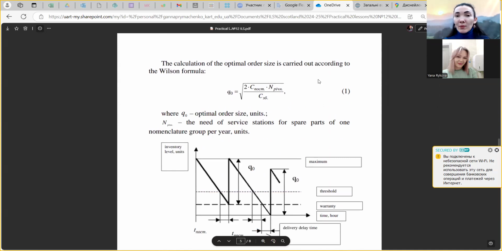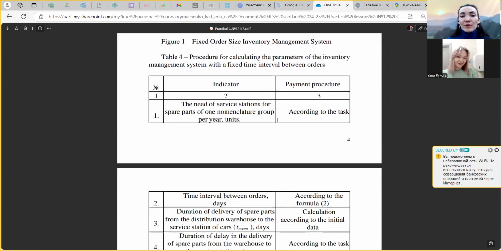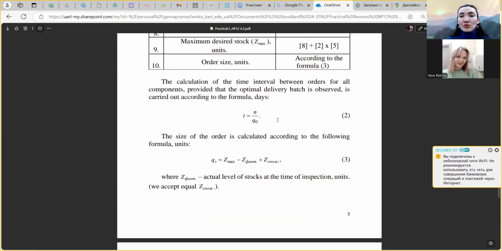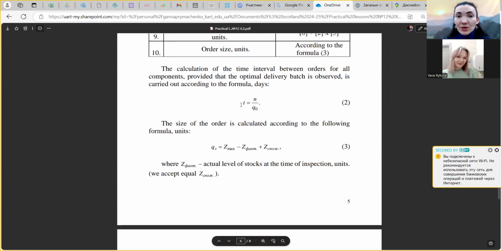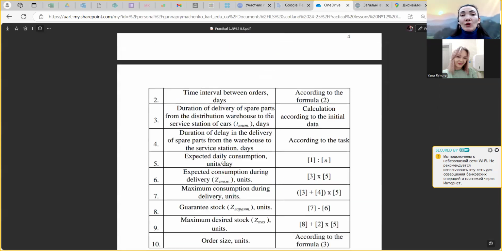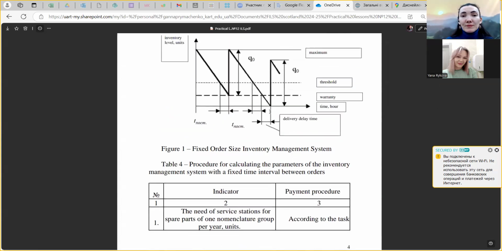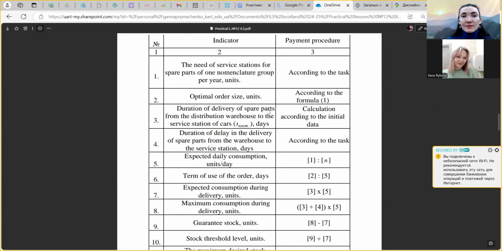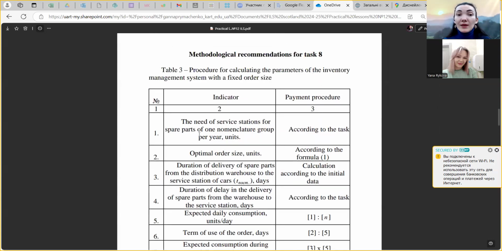We do formula number 1 on previous practical lessons and started to do formula number 2. Maybe we need to find the time. Oh, no, we can't finish our table. Yes, our table number 3, and also point 3.